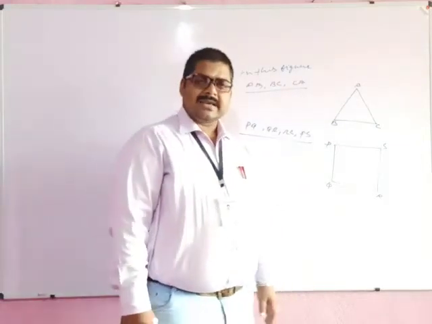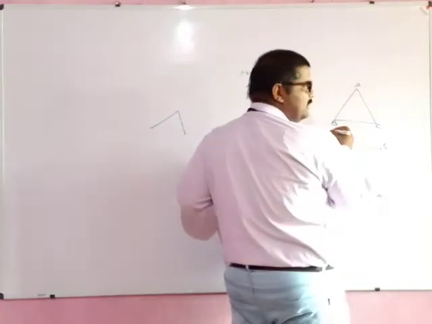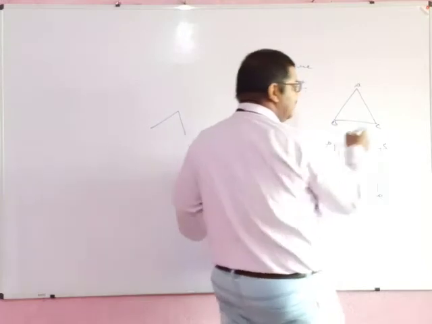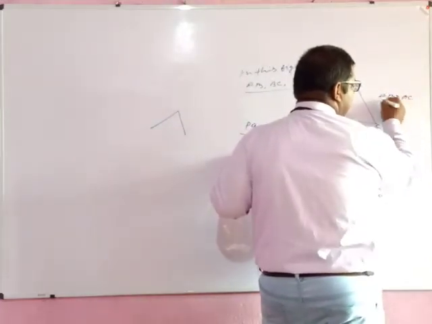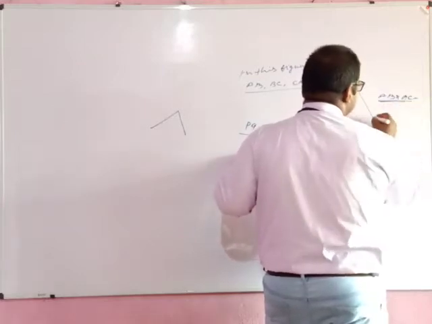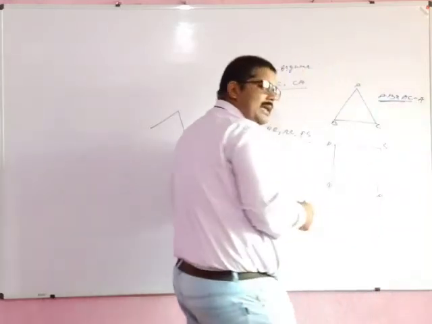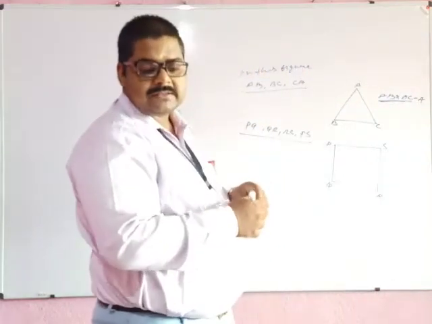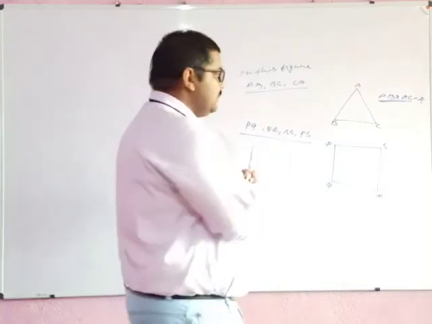Let's discuss in this case. You can just see that two line segments AB and AC both have a common point A. So A is known as a vertex of this polygon.